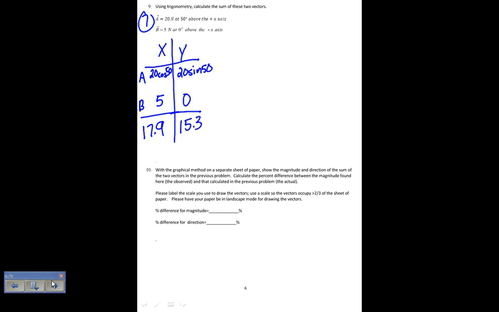And to find the magnitude of A plus B, it's the square root of 17.9 squared plus 15.3 squared. And then that's equal to 23.5.